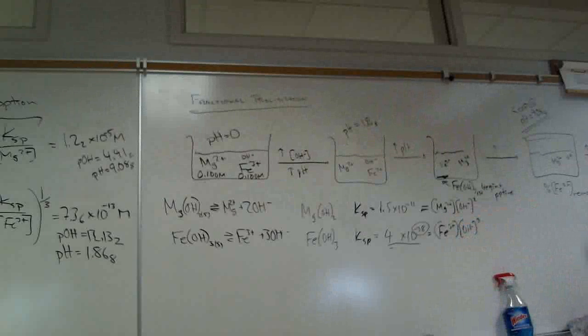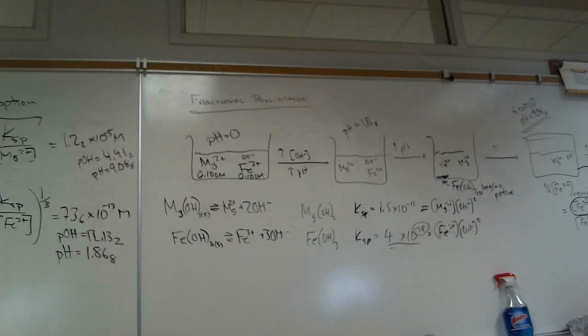To calculate the percent iron 3 plus remaining in solution, it's the iron 3 plus at equilibrium divided by the iron 3 plus initial, times 100%. Now, how much iron 3 plus is there at equilibrium? The way we're going to calculate it is this. Ksp is equal to the iron 3 plus at equilibrium times the hydroxide concentration cubed. We know what the hydroxide concentration at equilibrium must be.